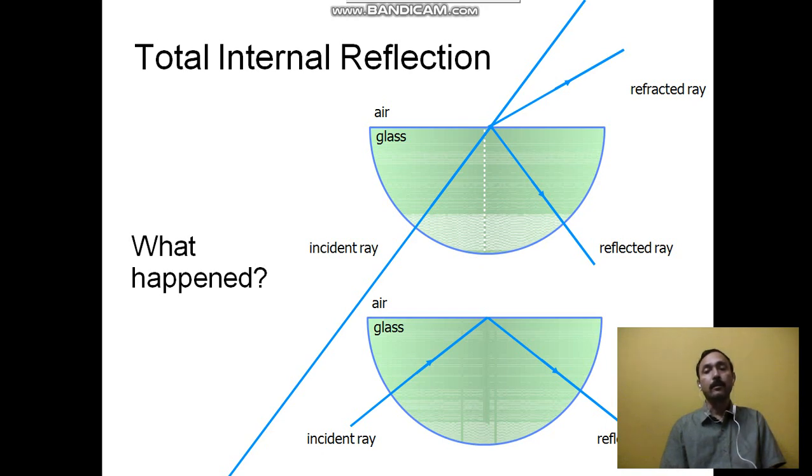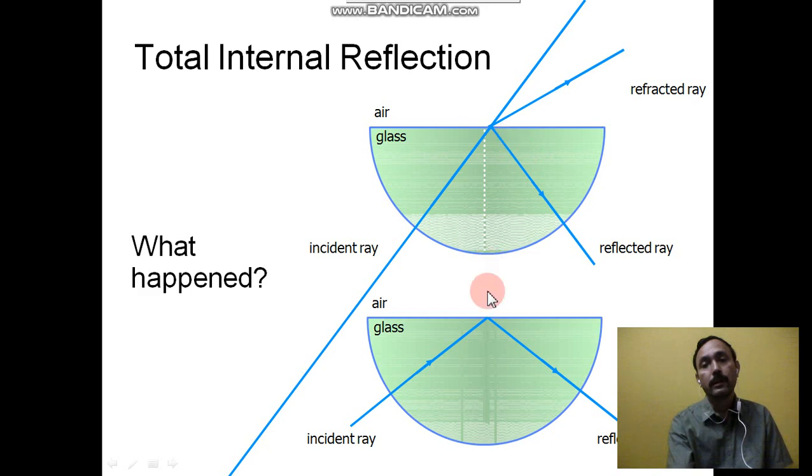This phenomenon is known as total internal reflection. So what happened? This is the incident ray, and this one is glass. Glass is optically denser and air is optically rarer. So this light is falling on the interface between air and glass, and some part of the light is refracted and some part is reflected from this plane.